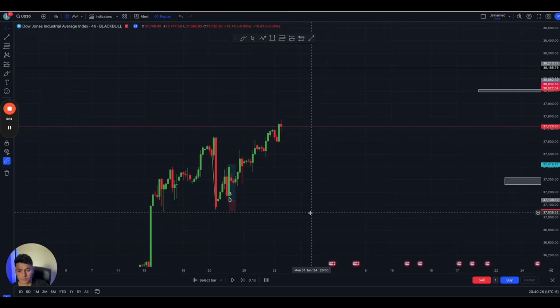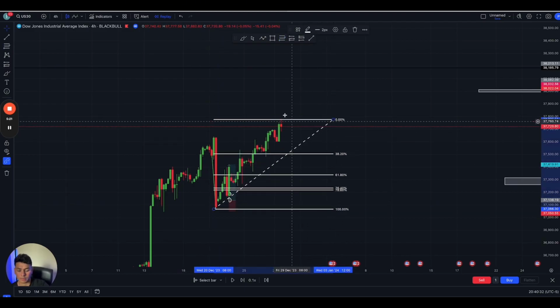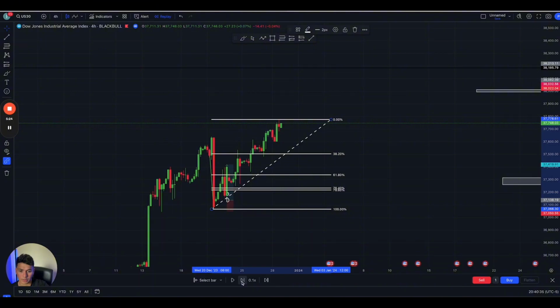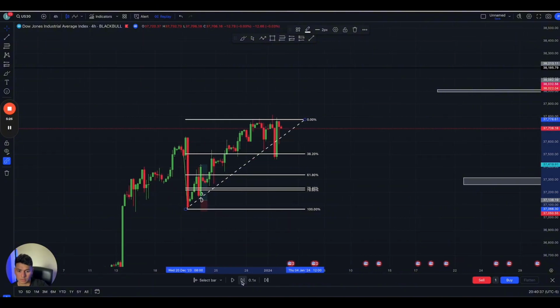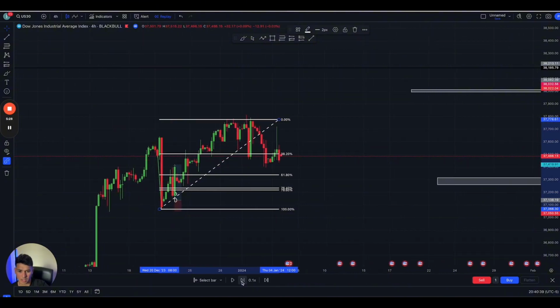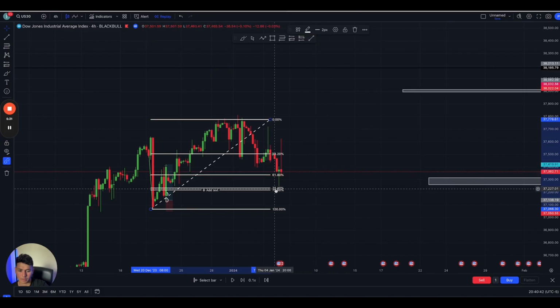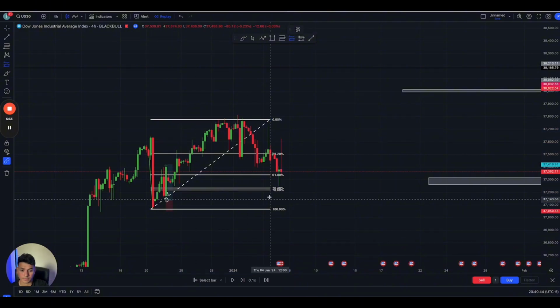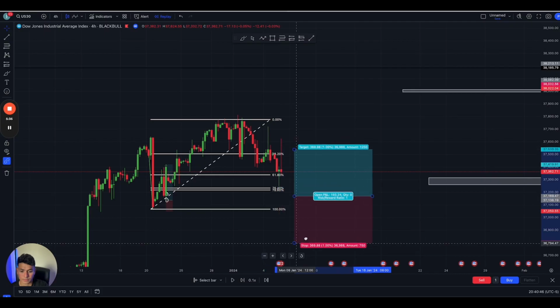So if I were to use the same strategy, the Fibonacci key levels, I would place my lowest point on this side and my highest point on this side, and I would see how it goes. I would take an entry around this key level. I would have taken it right here. Boom.